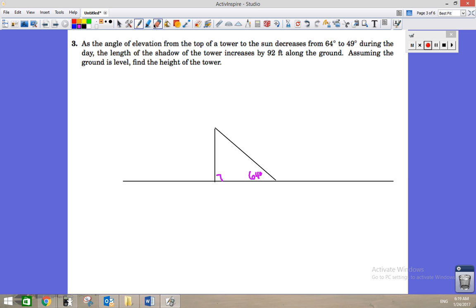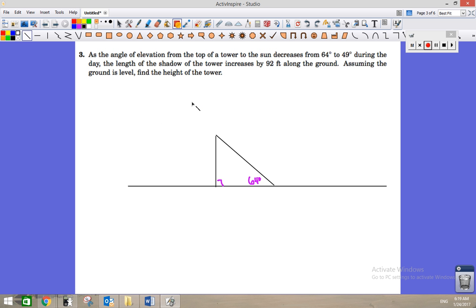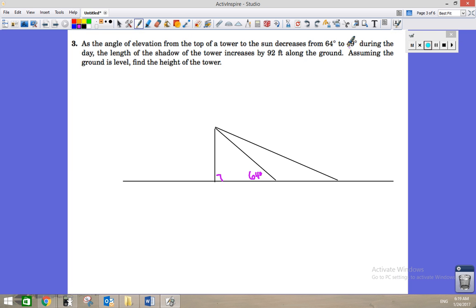And then as the sun sets, the shadow increases, and now this angle to the ground is smaller, 49 degrees, and the shadow increased. See, here was the shadow, and the shadow increase is 92 feet.